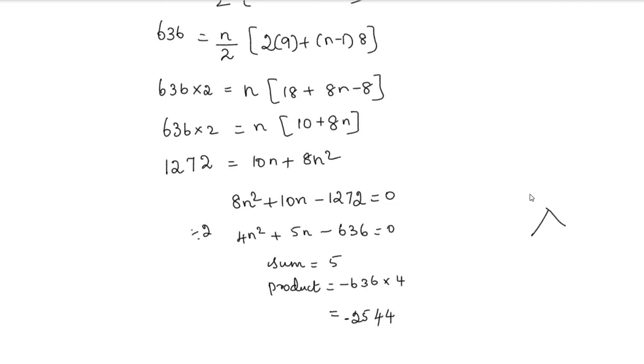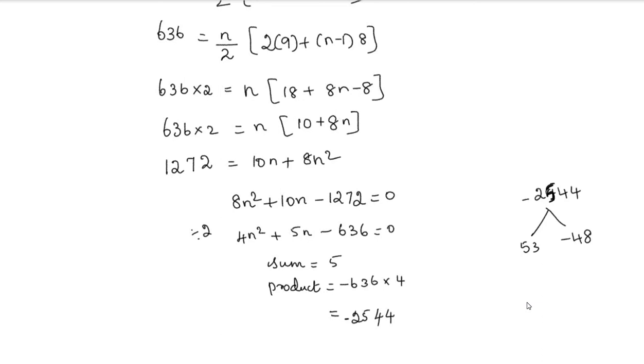So when we multiply, we should get minus 2544, and when we subtract or add, we should get 5. If I multiply 53 into minus 48, I will get minus 2544, and when I subtract 53 minus 48, I'll get the sum of 5.